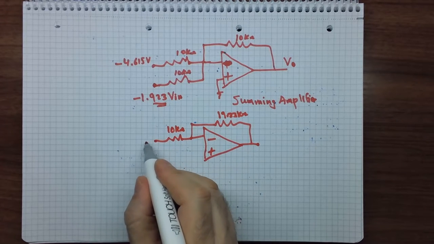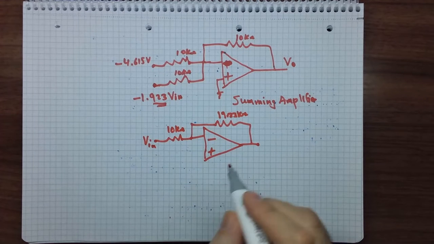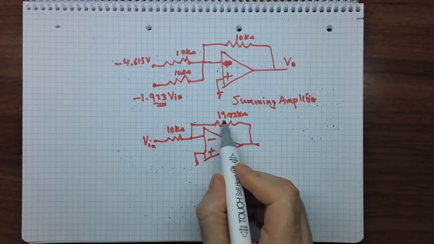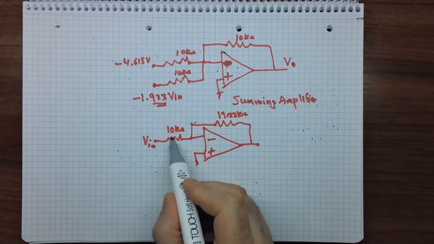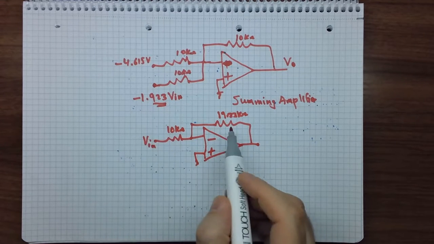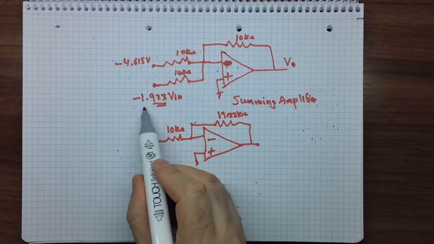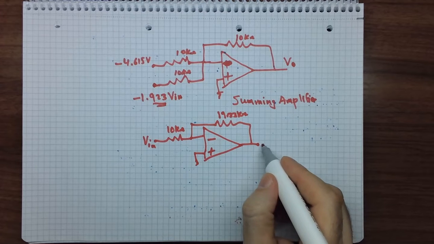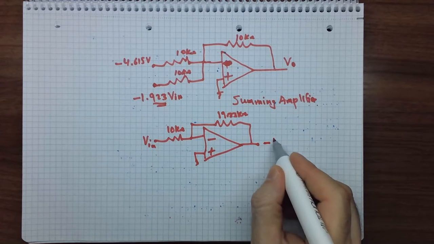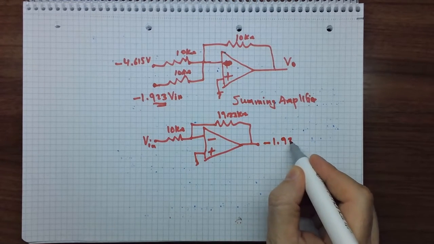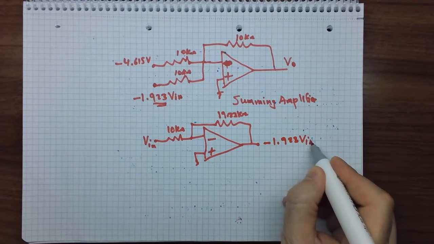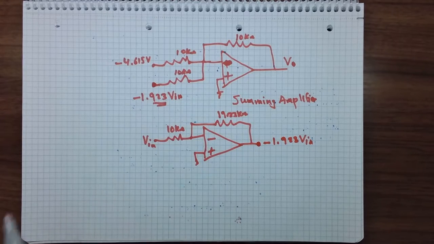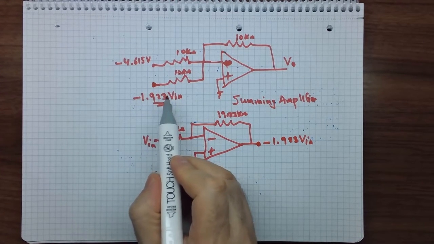So here if you put Vin here, then the gain is 19.23 kilo over 10 kilo. We will get minus 1.923 times Vin. So the output here is minus 1.923 Vin. Just connect this point to this point for the Vin. This is the first term.